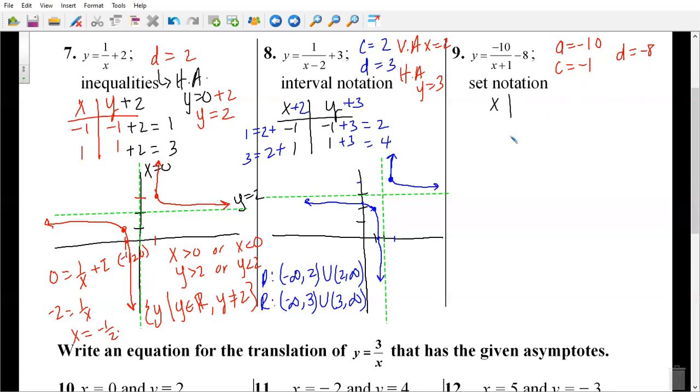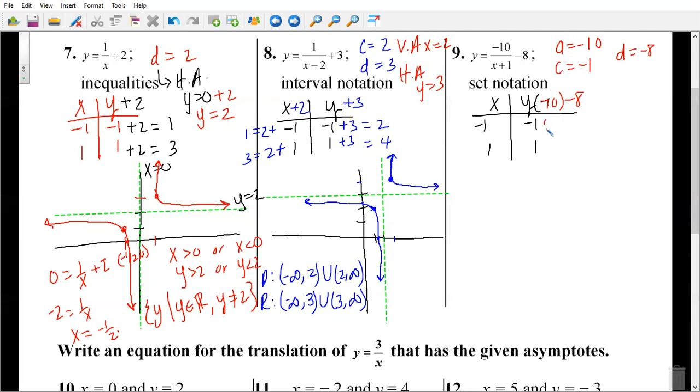So we have X, Y. And so we have -1, -1. We have 1 and 1. Our Y's are being affected by A and D. So we're multiplying by -10 and we're subtracting 8. Does that make sense?